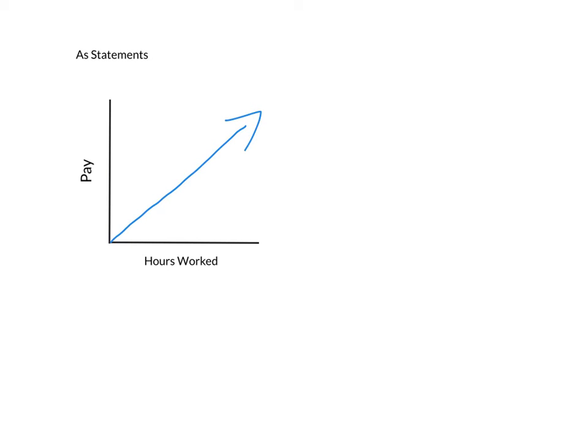So, to put together our as statement, we first consider our independent variable, our hours worked, our dependent variable, the pay that we receive, and the overall direction that our relationship is growing in. In this case, we see it as an increasing relationship.